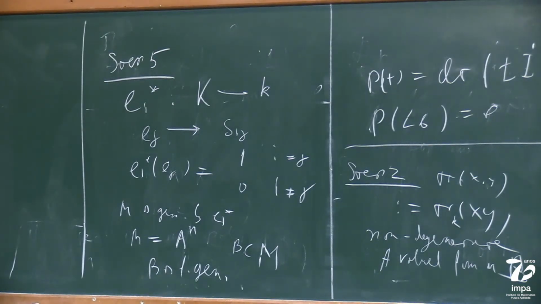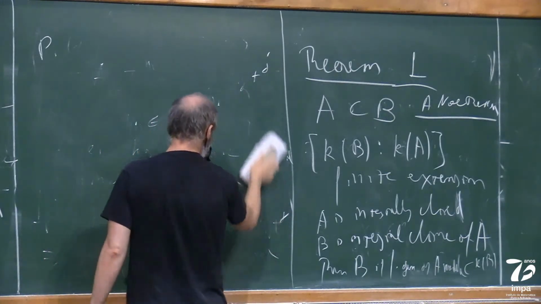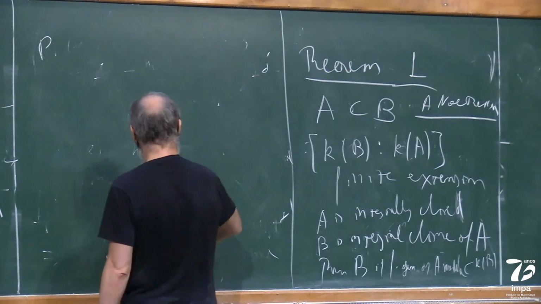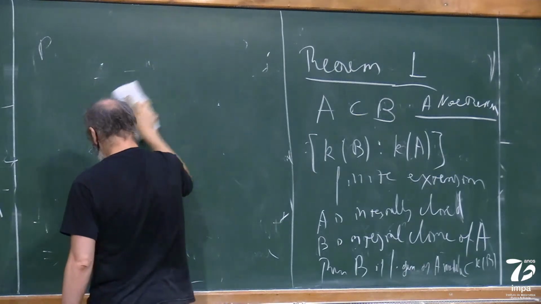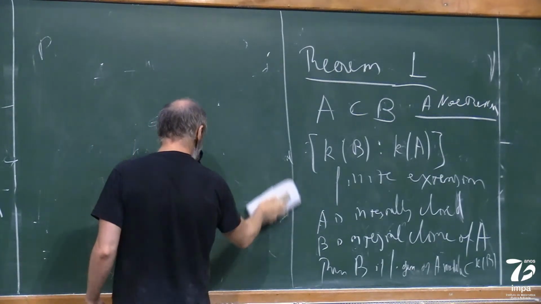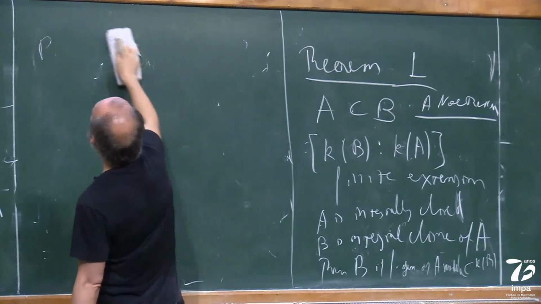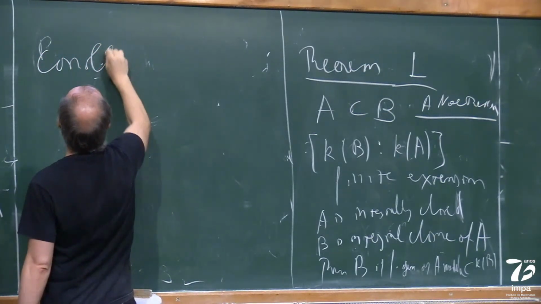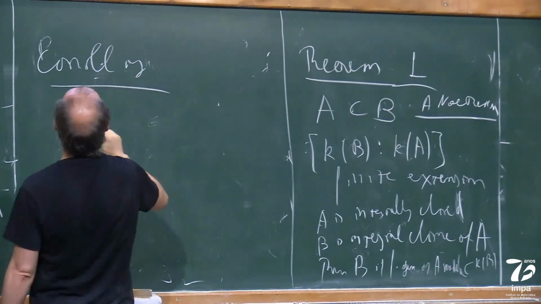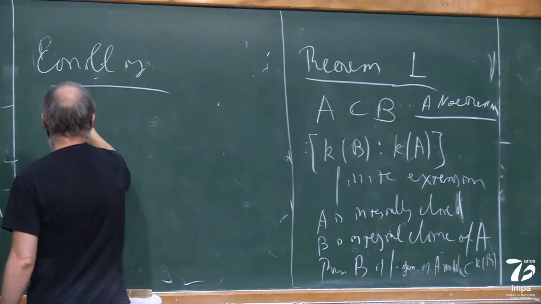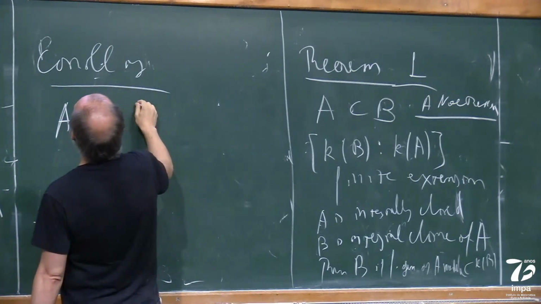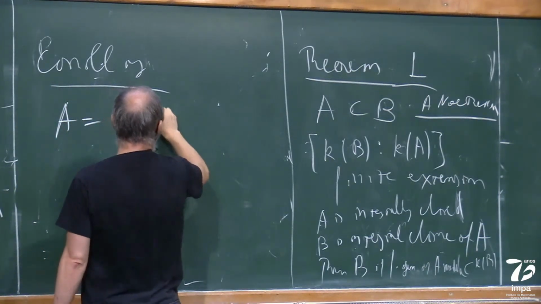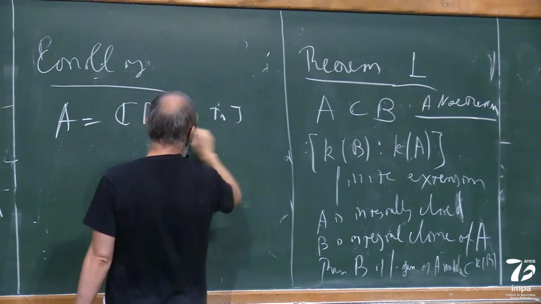So the first corollary is about the rings where you have a finite dominant morphism to Cn. So corollary: we have A a polynomial ring, C of T1 to Tn, which is O of Cn.